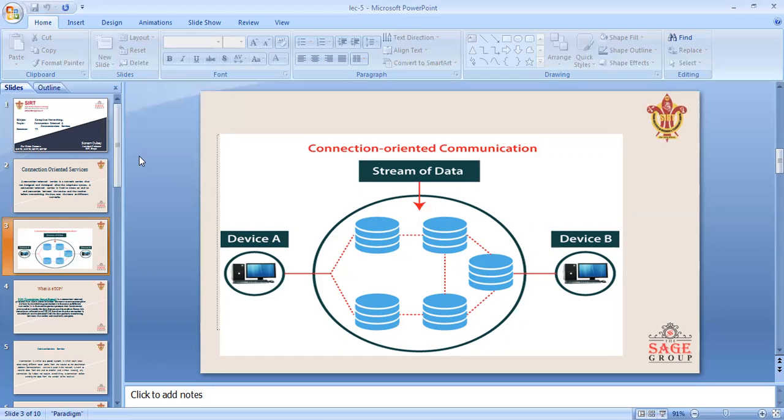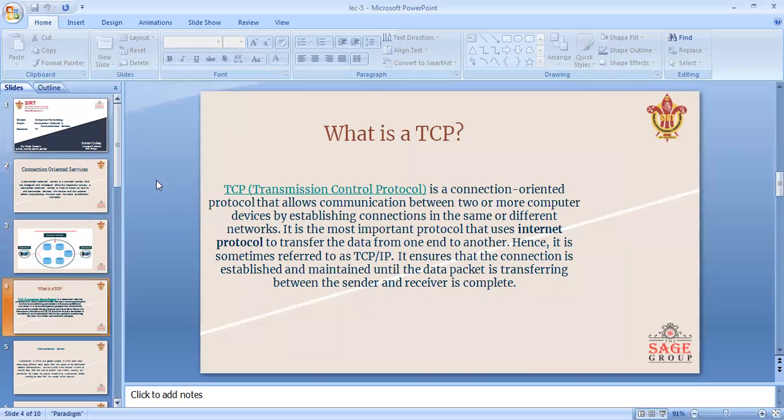Suppose device A wants to send data to device B. Each packet has its own sequence number, in which format they are forwarded to device B. So in connection-oriented services, all the packets are in the same order when they are received by the receiver.